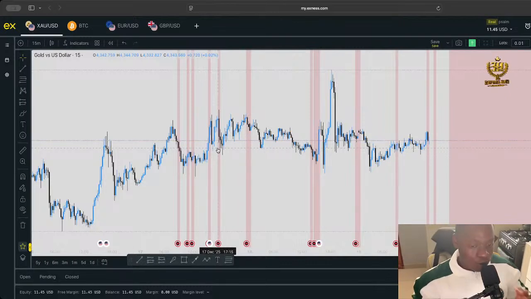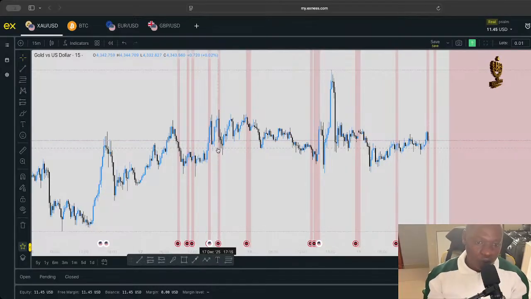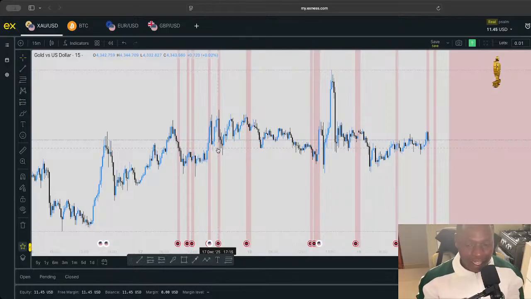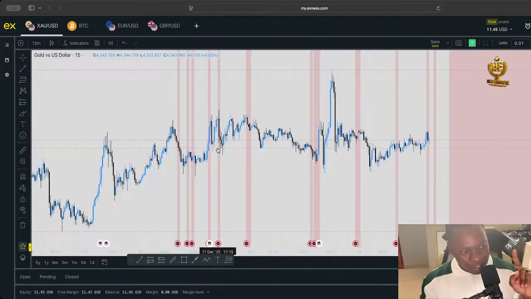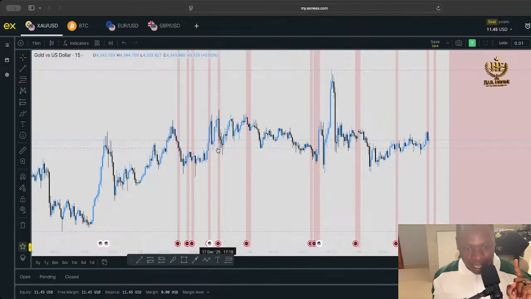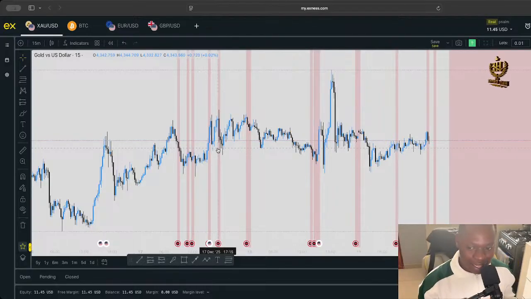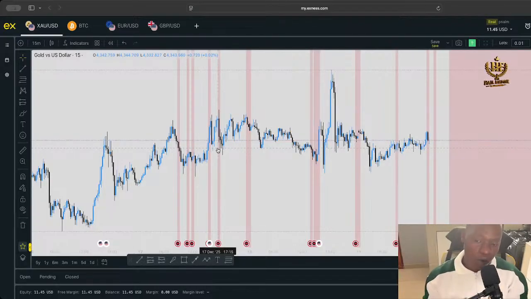Looking at gold now, we can see there is a huge struggle for gold to go up, and also for it to go down. What are the reasons behind that kind of movement? First, we look for the closest external high and external low.